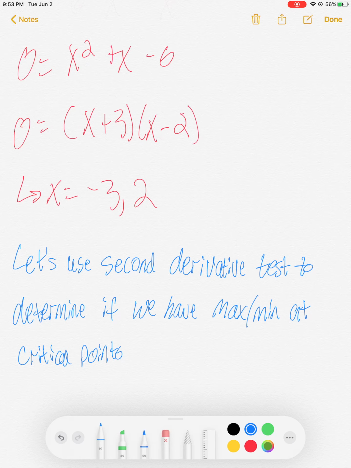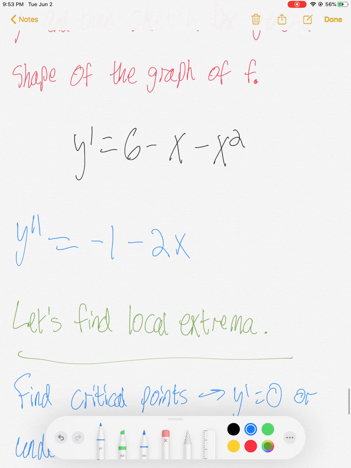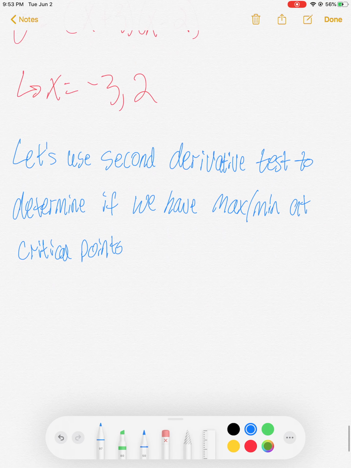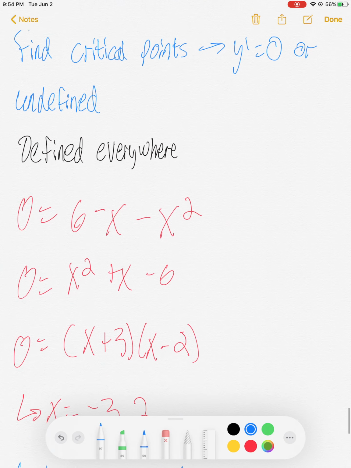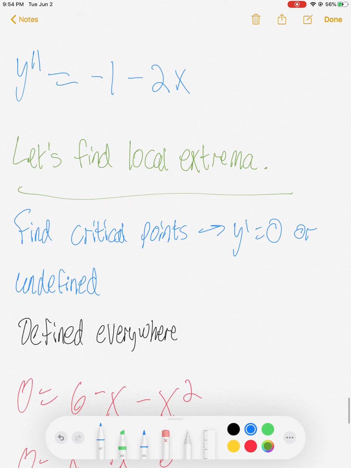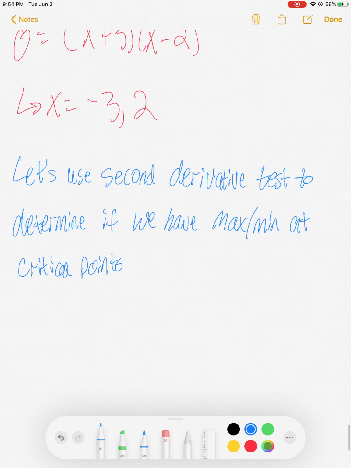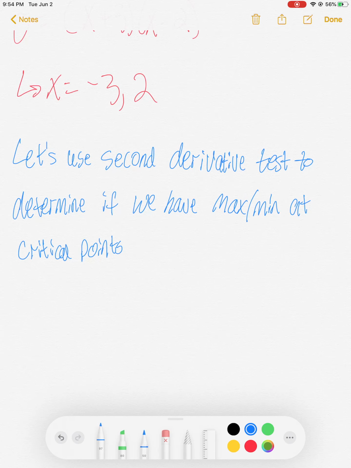I should mention, we cannot figure out exactly what these extrema might be because we don't have the original function, so we can't plug stuff in for y. We can't plug stuff in to find the y coordinate. But we can still determine if there is a max or min there. We just don't know exactly what the max or min is.